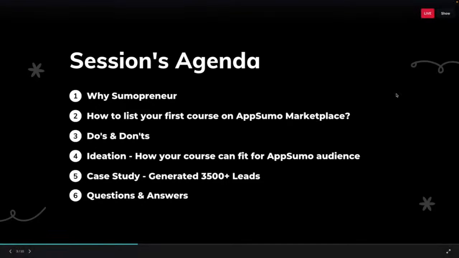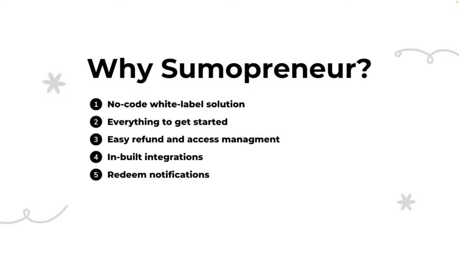Let's move further, and let me talk about why you need Sumopreneur. Sumopreneur is a no-code solution, so you don't have to hire a developer or anyone else. You just need Sumopreneur and your ProductDyno account, and it is a white label solution.